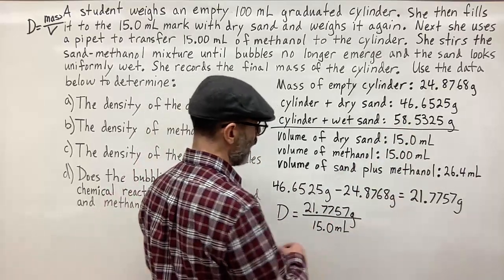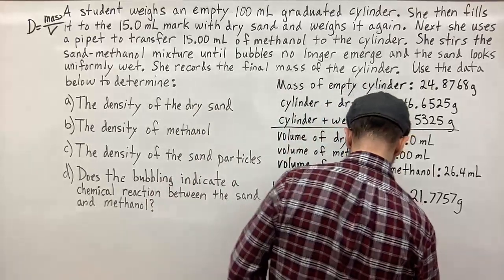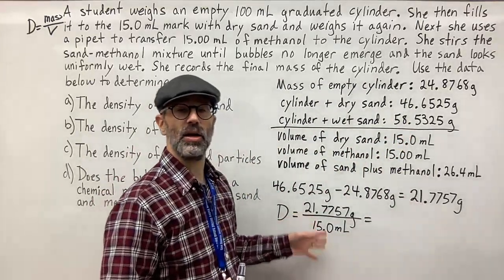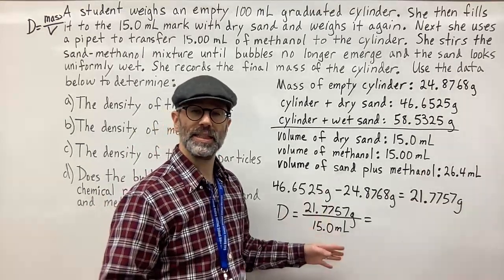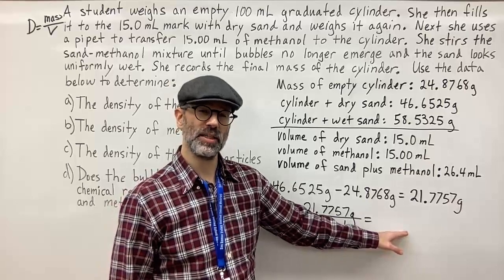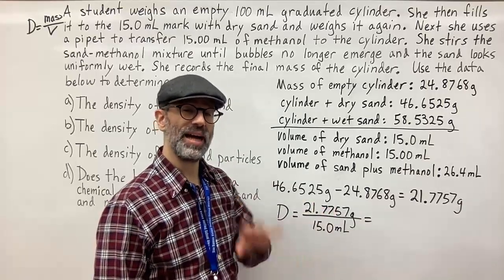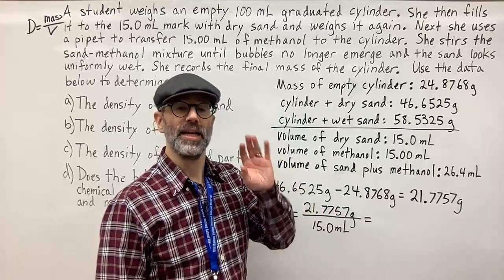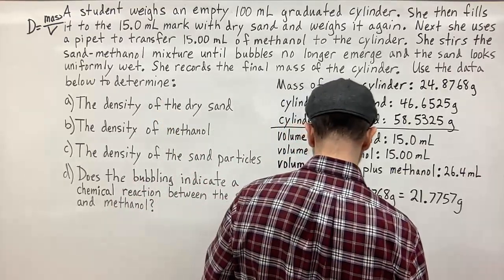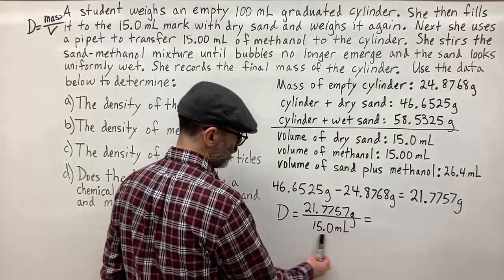And so when we divide this all to get the density, we should keep track, because when we're looking at significant figures, the answer should have the same number of sig figs as the least number of sig figs, not decimal places, but sig figs. Here we have 3 sig figs.